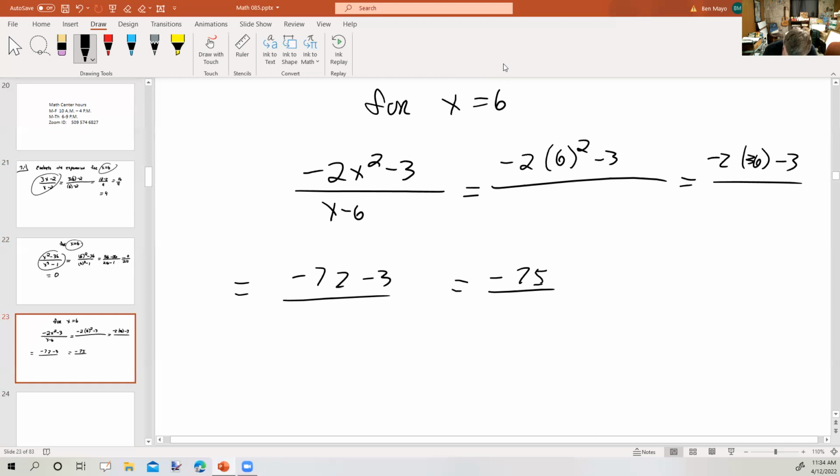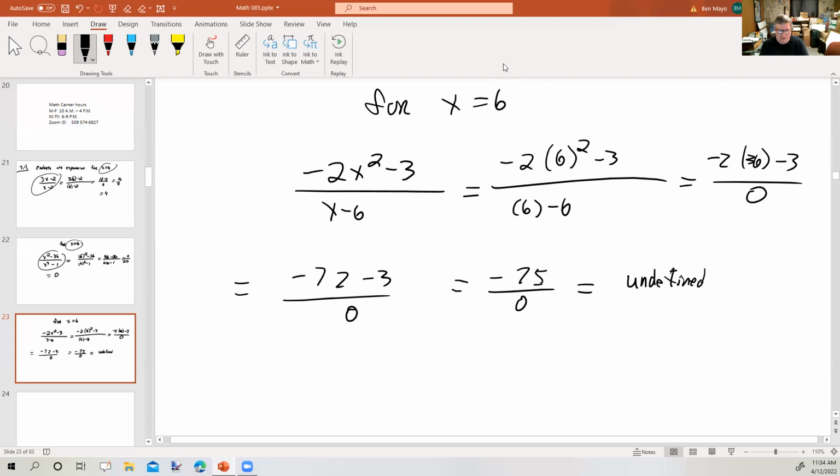And in the denominator, we have 6 minus 6, which is 0. What is a non-zero number divided by 0 equal to? Do you remember? It's undefined.